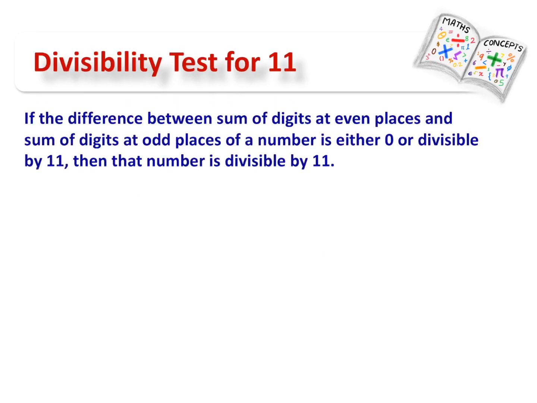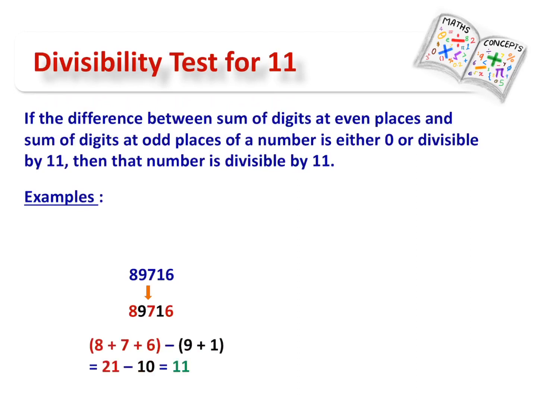We will move to the next divisibility test, that is the divisibility test for 11. If the difference between the sum of digits at even places and the sum of digits at odd places of a number is either 0 or divisible by 11, then that number is divisible by 11. Okay, let's see a few examples. 89716. Here the digits at odd places are 8, 7, 6 and the digits at even places are 9 and 1.